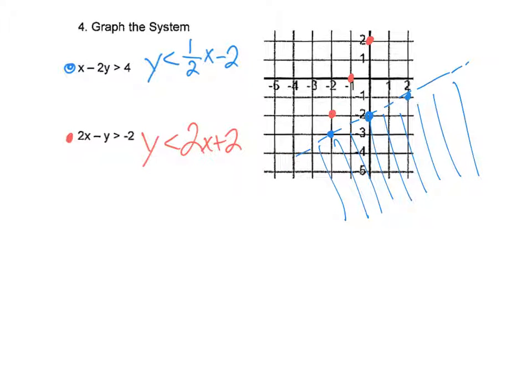Down 2 and left 1. Okay. Where the blue and the red collide is this little area. I'll make it black so you can see it.